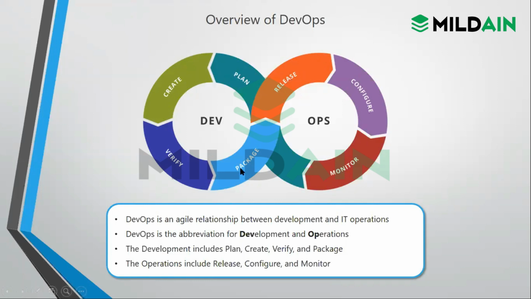So if you see here, these are not silo entities. We are in collaboration with each other. The ops team is involved from the stages of plan, create, verify, and package. Even when in release, if we face any issues, it goes back to the team.